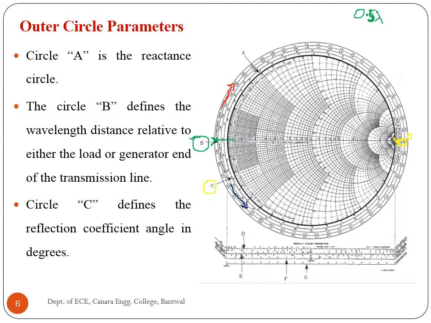The upper half circle is calibrated 0 to plus 180 degrees and the bottom half circle is calibrated 0 to minus 180 degrees, reflecting inductive or capacitive reactance situations respectively.